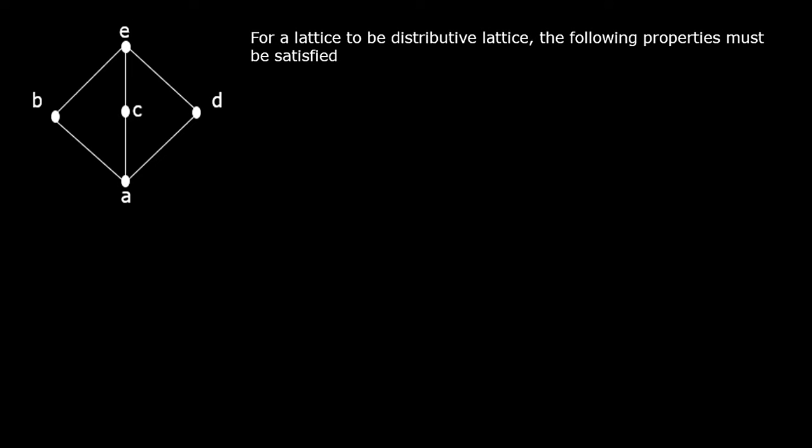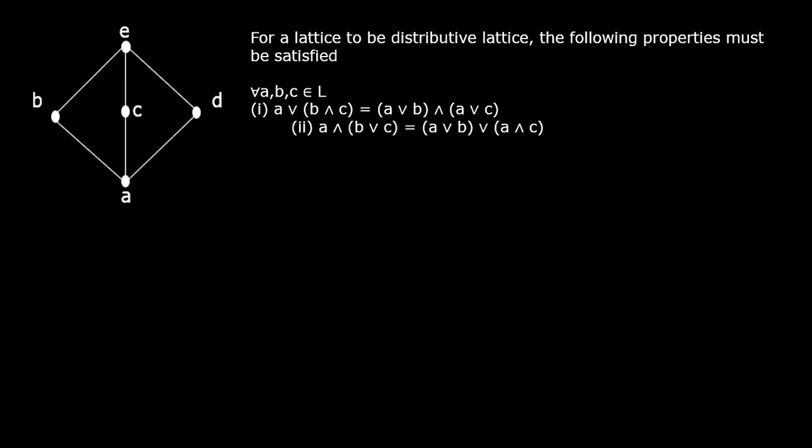Now for a lattice to be distributive, the following properties must be satisfied as we have just studied. For any three possible combination of elements from the lattice, these two conditions on those elements must be satisfied. A lattice may have many elements, but at any given point of time, we can choose only three elements and consider those three in these two conditions.